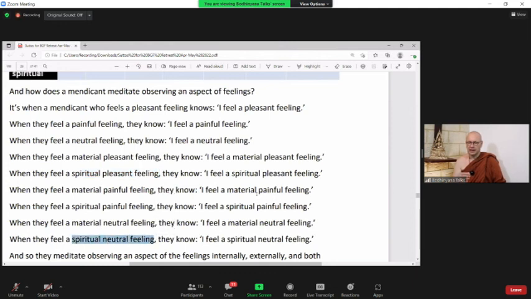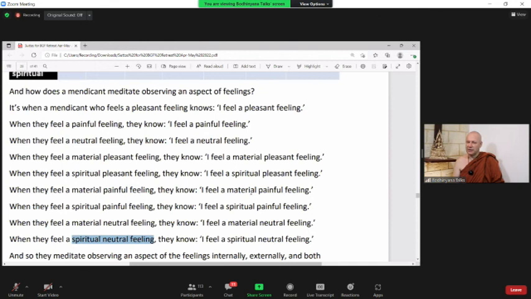This is also fundamental, because this is what happens when we go through the jhana states in a very profound way. These are by far the most important of all nine feelings. And really, all you have to experience when contemplating feeling is these two: spiritual pleasant feeling and spiritual neutral feeling. That is all you have to experience.